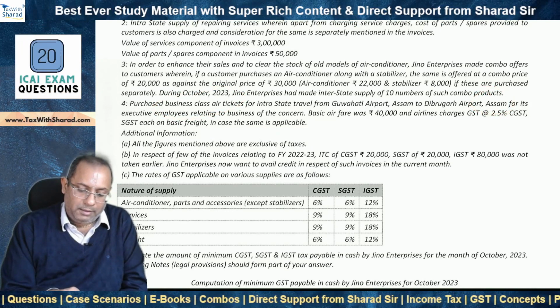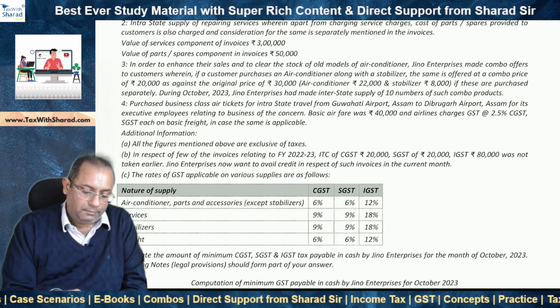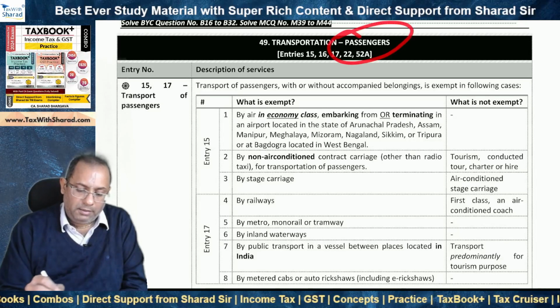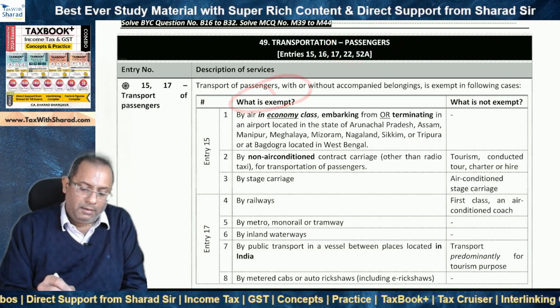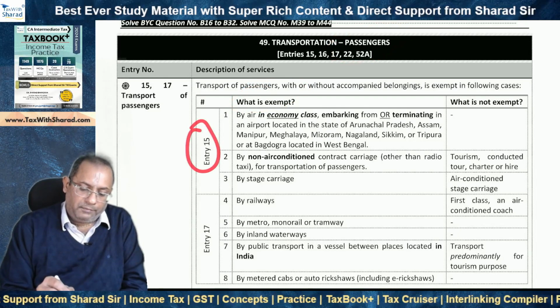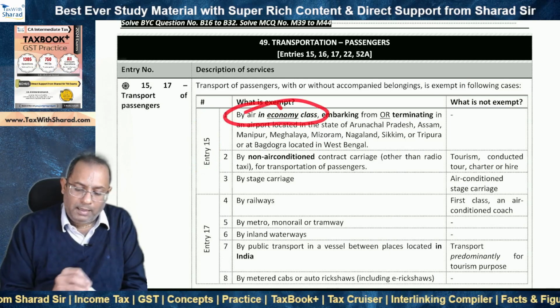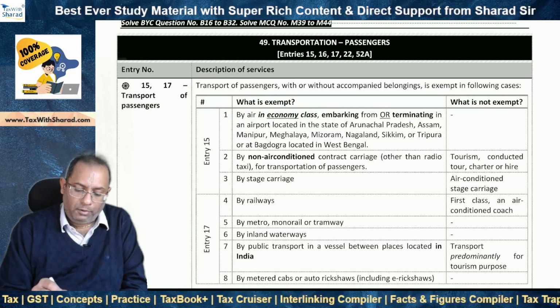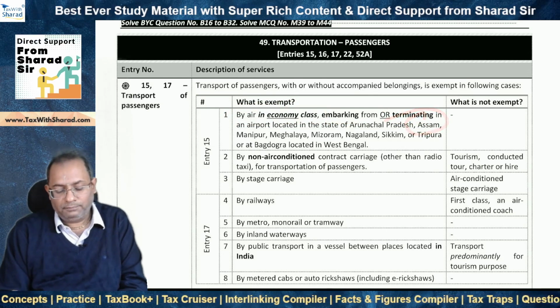So it is a case of business class air tickets for travel within Assam. Now the question is, is this exempt or is this taxable? If we look at the exemptions, transportation of passengers, what is exempt? Entry number 15, by air in economy class embarking from or terminating in an airport located in the state of Assam.